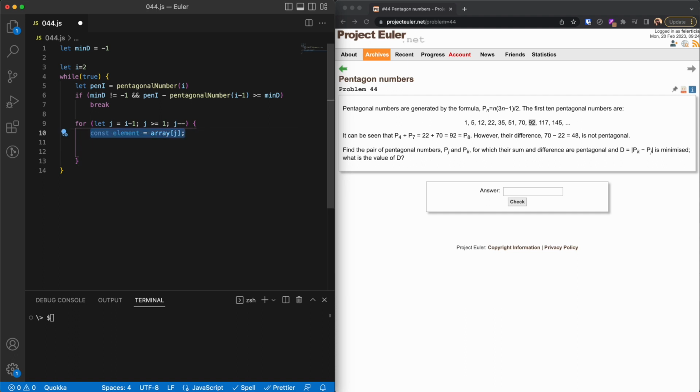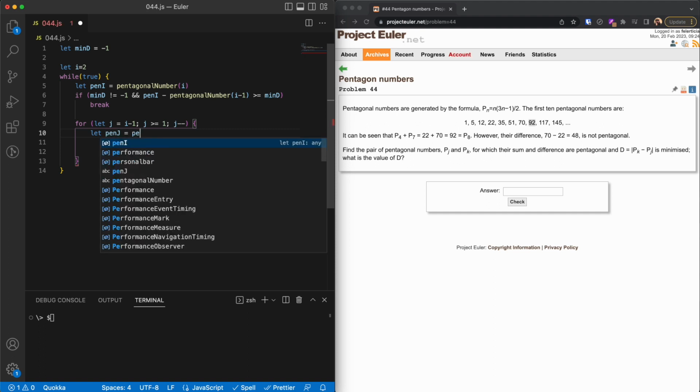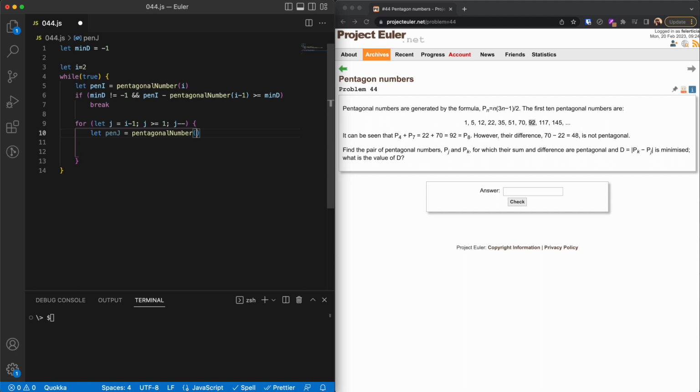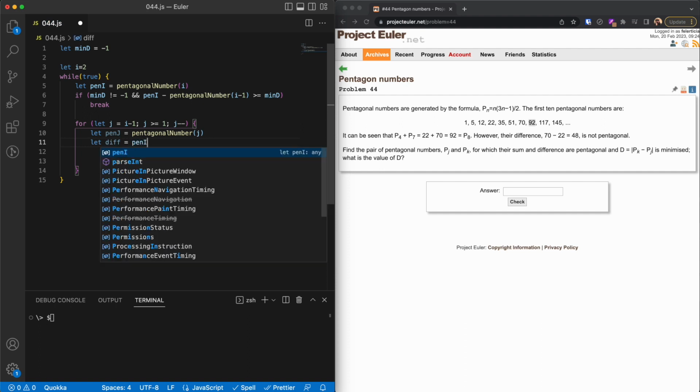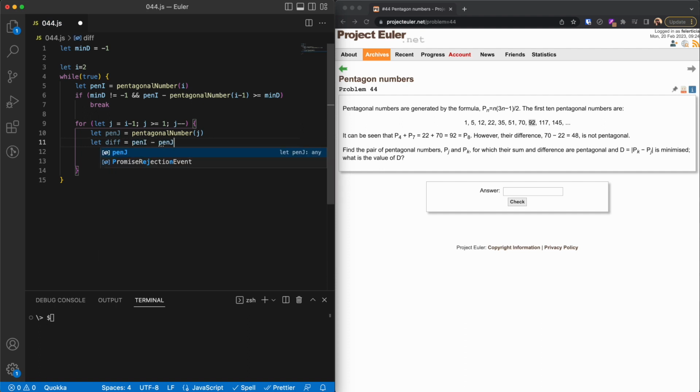Find the pentagonal of J to be the pentagonal number of J, and we would say that the diff of the two is pen I minus pen J, and if this difference is at least as big as a found difference, then we are done.